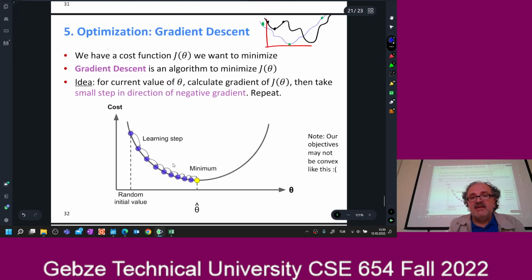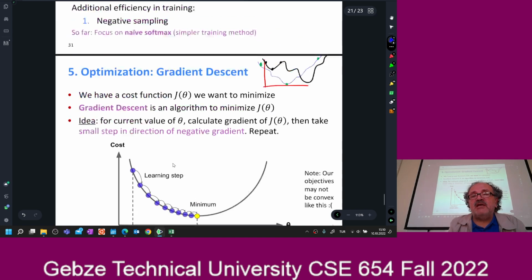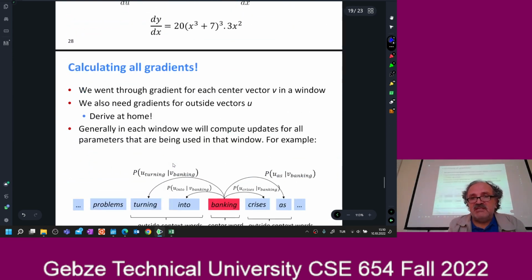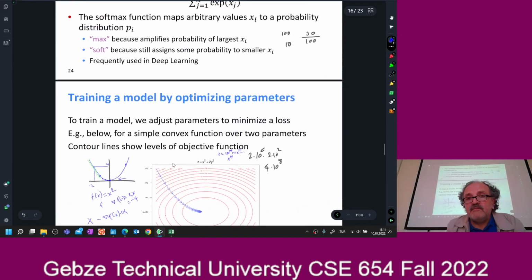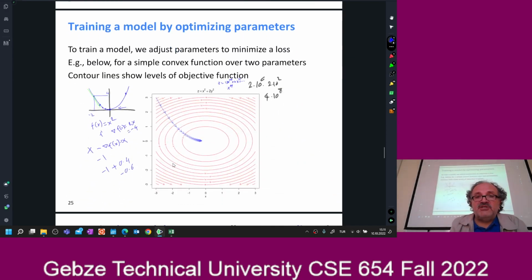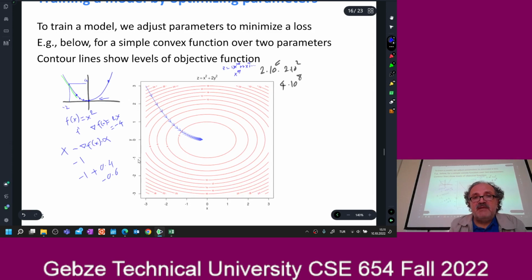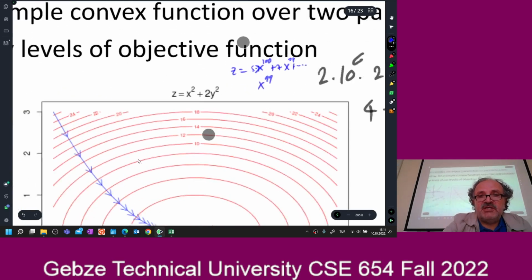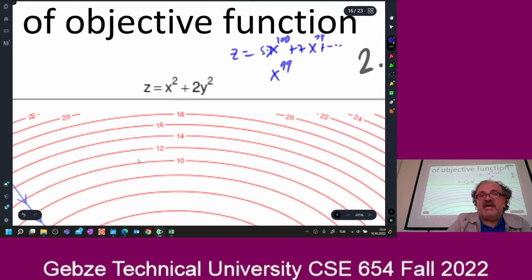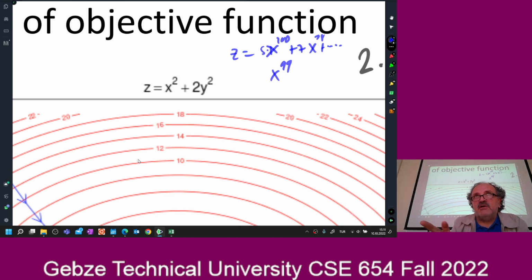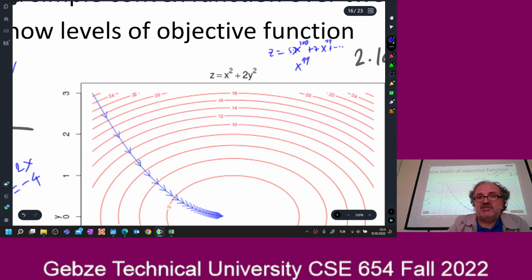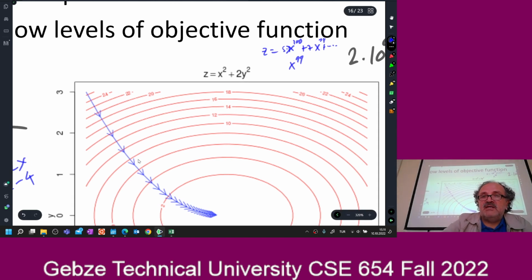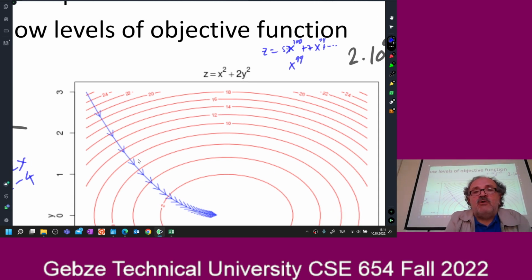This is just a single dimension. But if I'd like to do this for multiple dimensions, then I want to take partial derivatives. The derivative of this function with respect to x is 2x, right? That's it. So 2x will give me how much I should move in the x dimension, and 4y will give me how much I should move in my y dimension.